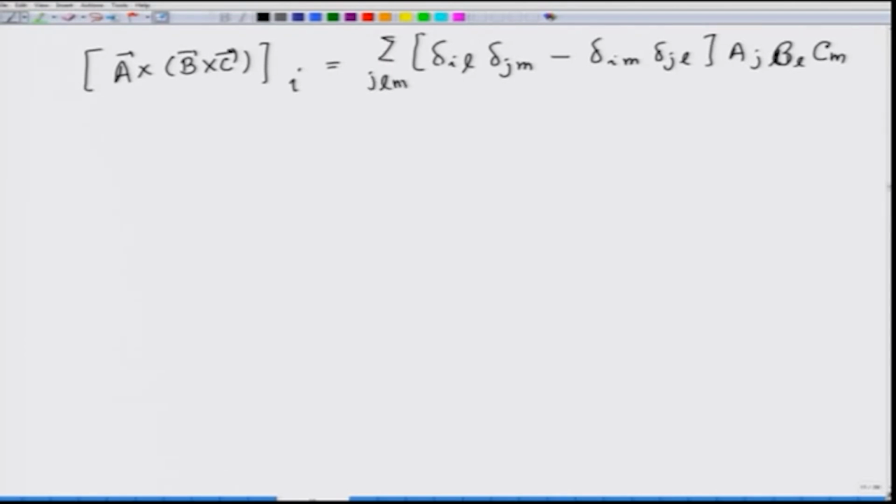Notice I have to sum over j, l and m, because on the left hand side there is only the ith component. So, all j, l and m should go away. Let us see what it is.